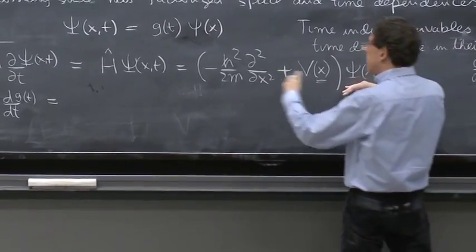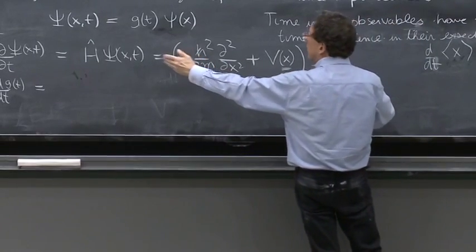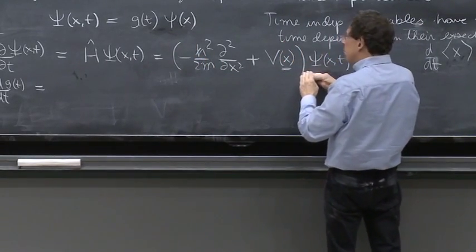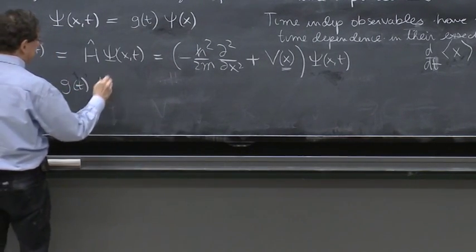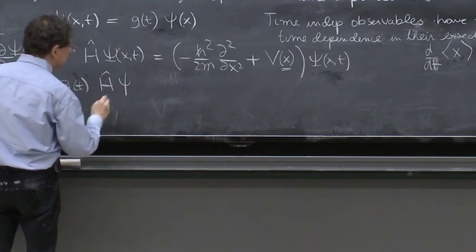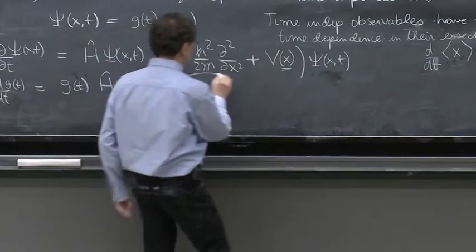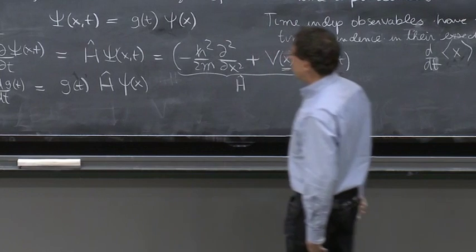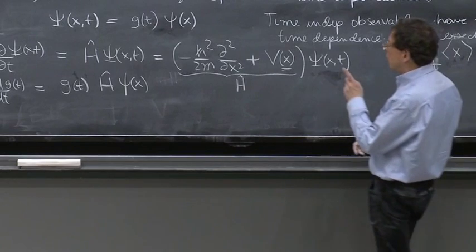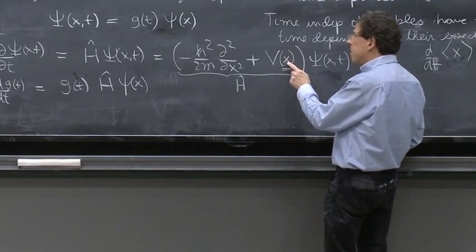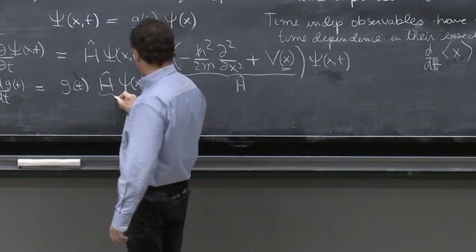Well, the function of time can be moved out. So the function of time can be moved across the Hamiltonian operator. It doesn't do anything to it. So we'll have g of t times H hat on psi of x. And because we had no time dependence in the potential, our assumption, this whole thing is a function of x.